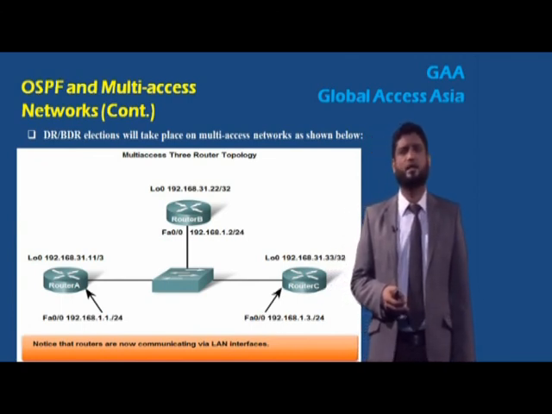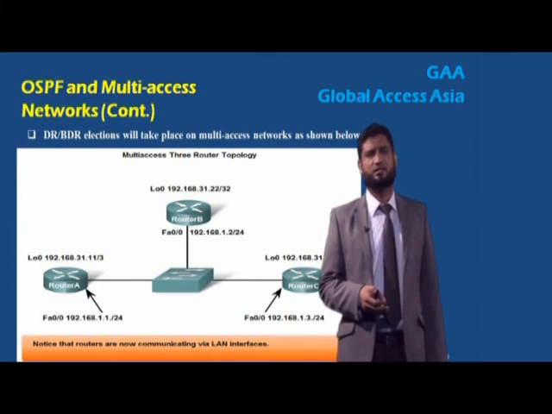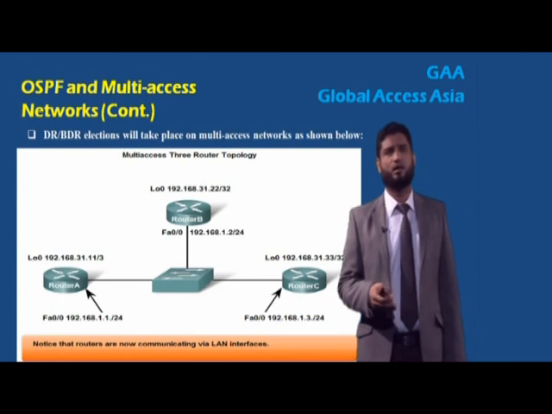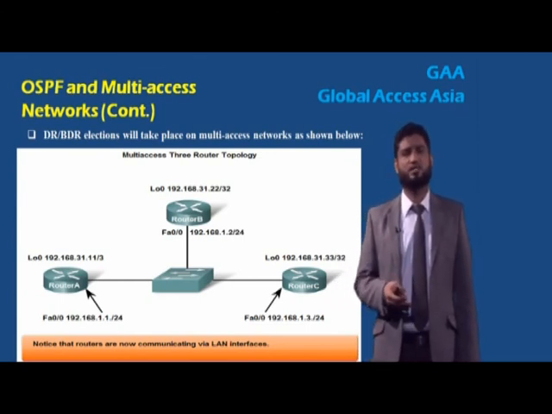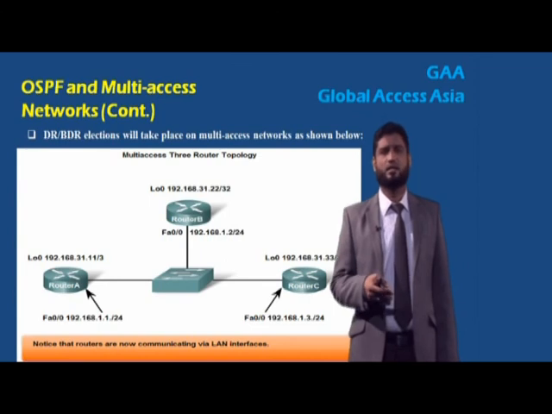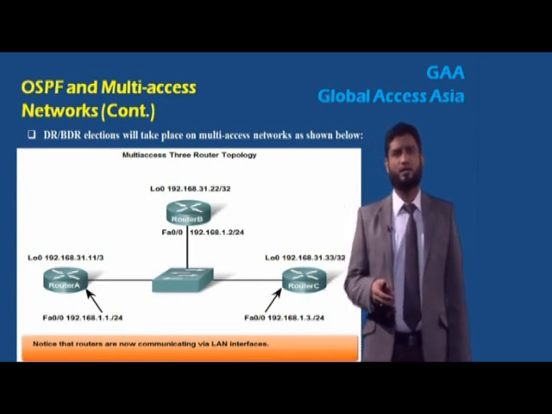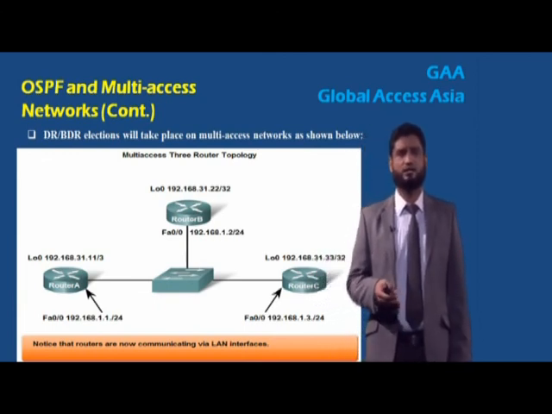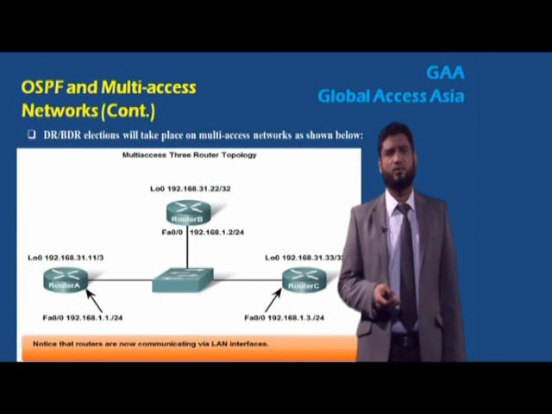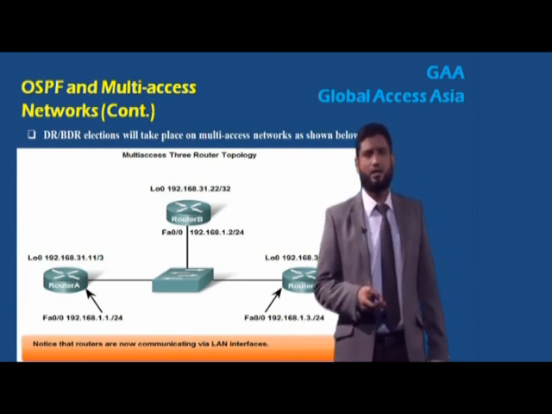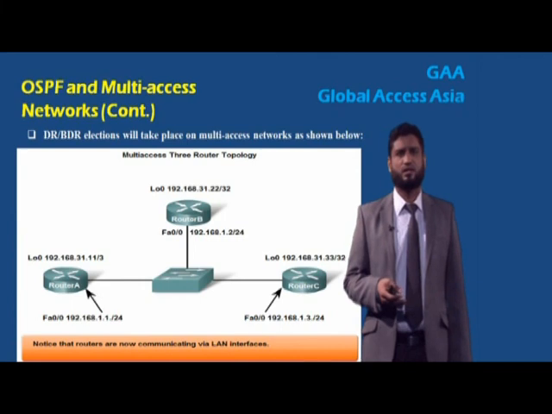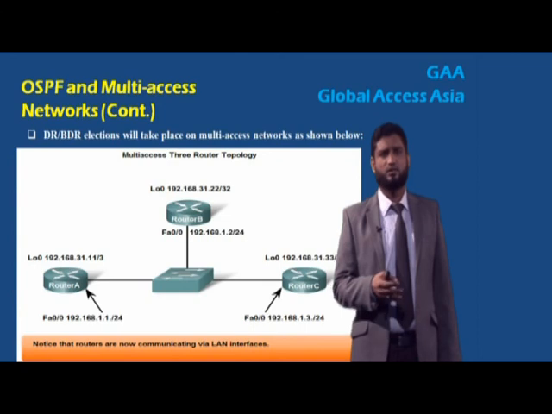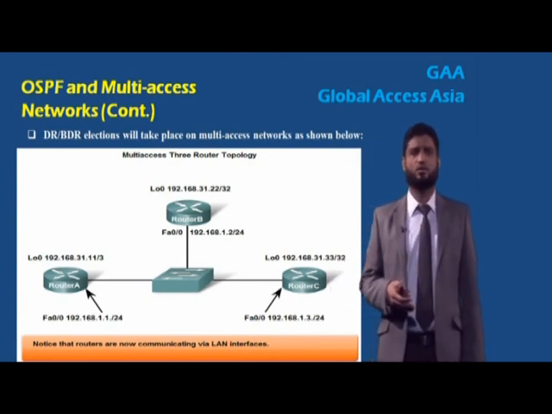So how is it maintained? If a DR is selected, it will never be replaced unless it goes down itself or the administrator takes it down by force. The same applies to the BDR. If a new router comes with the highest IP, it will also be a DR other. If the previous DR fails, the BDR becomes the DR, and one of the DR others with the next highest IP becomes the BDR.